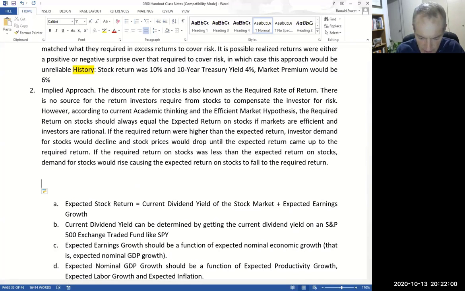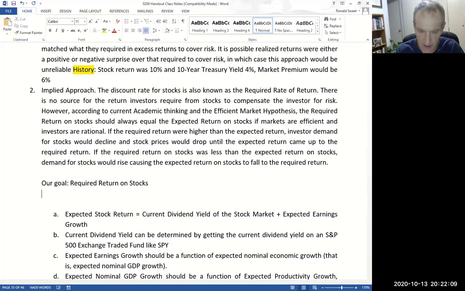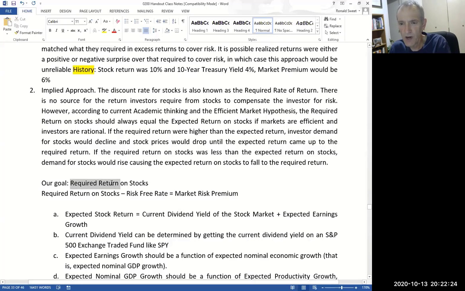So what we're trying to do, our goal is to come up with the required return on stocks. The required return on stocks minus the risk-free rate equals the market risk premium. But there's no place to go out there and see what is the required return stock investors have to get to get them into a stock market.